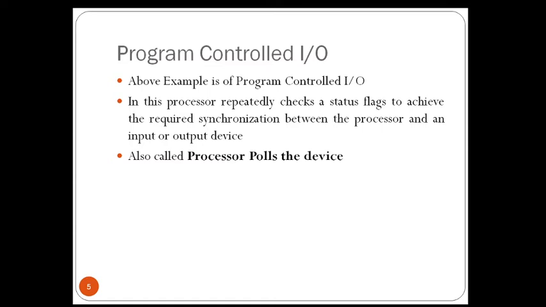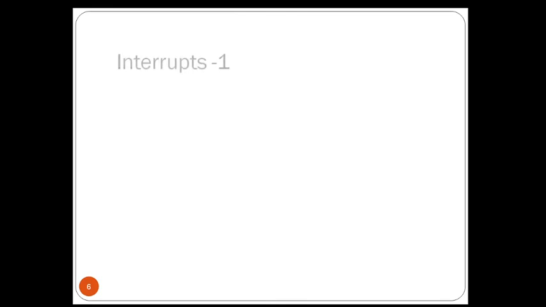It will start execution from where it was stopped. So that is interrupt. In case of interrupts, synchronization is achieved by having the IO device send a special signal over the bus whenever it is ready for a data transfer operation.